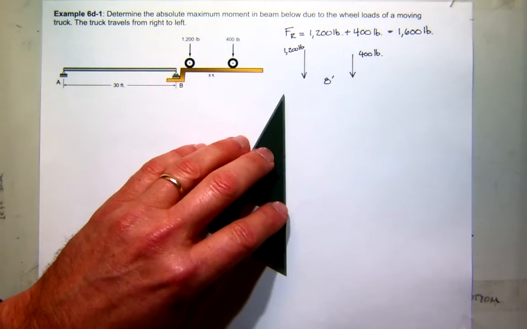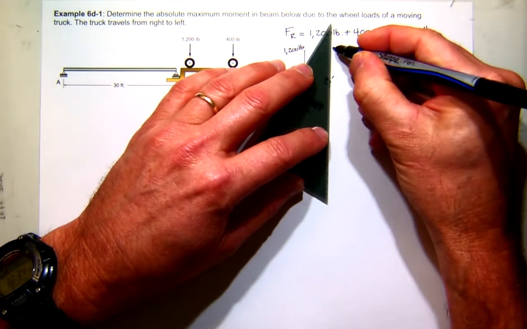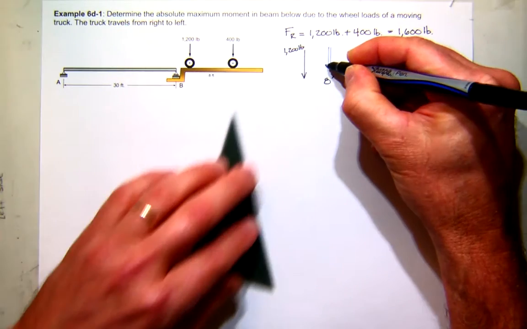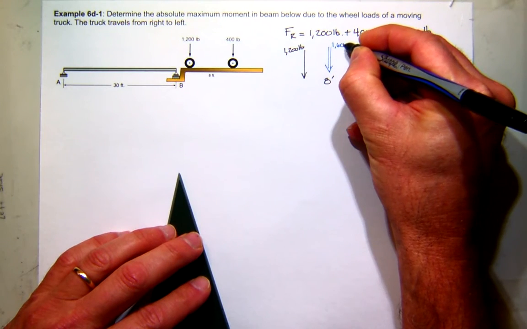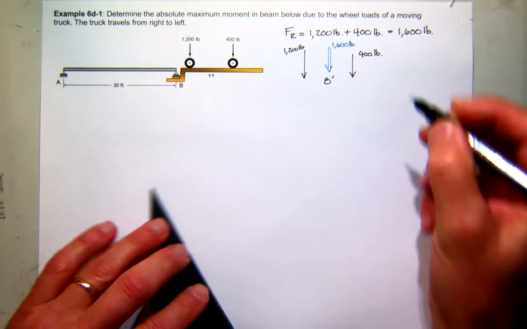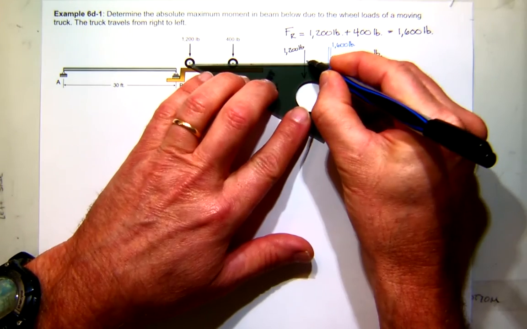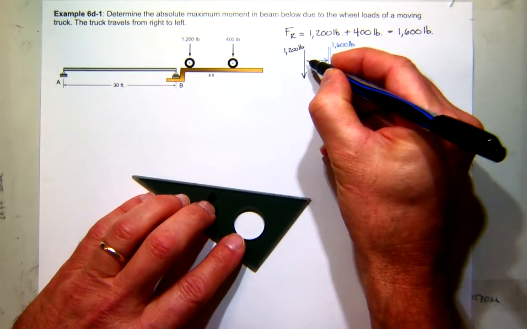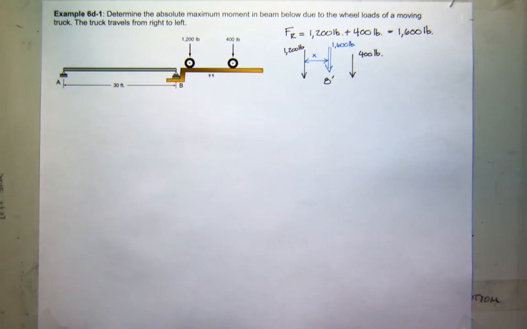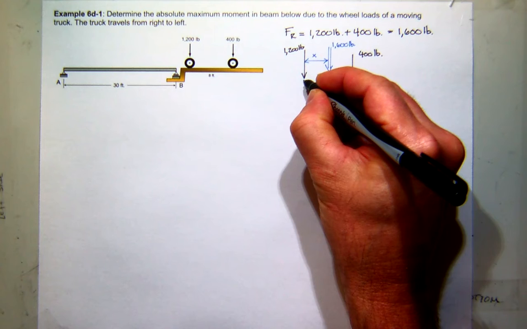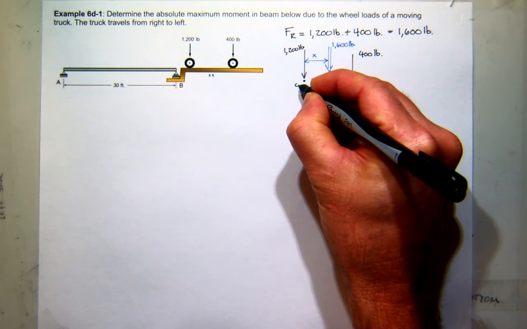And now here in the middle, somewhere, is my resultant force of 1,600 pounds. Let's just say that it's located some distance x from the front. Everybody see that? So now if I look at this point right here, I'll call it point O.